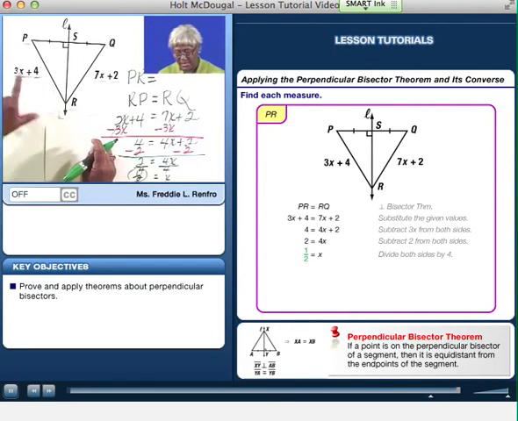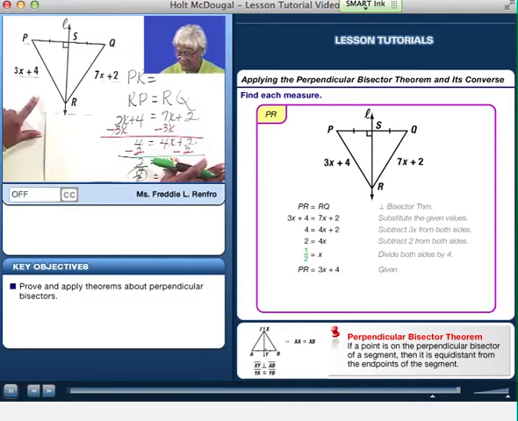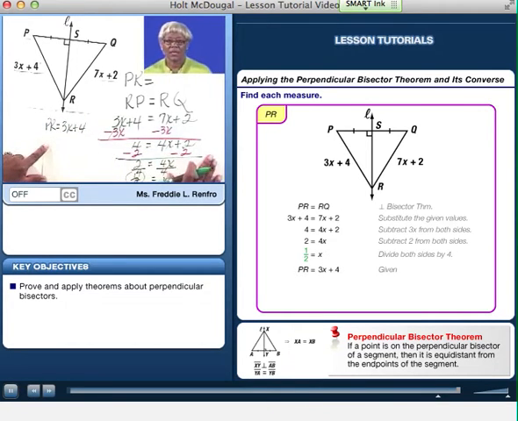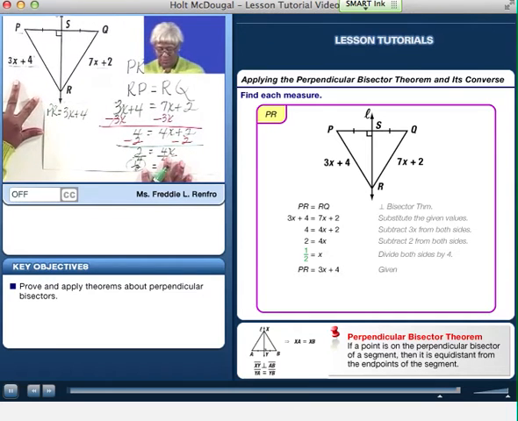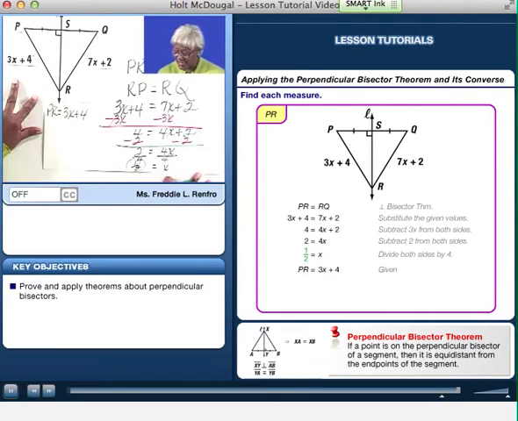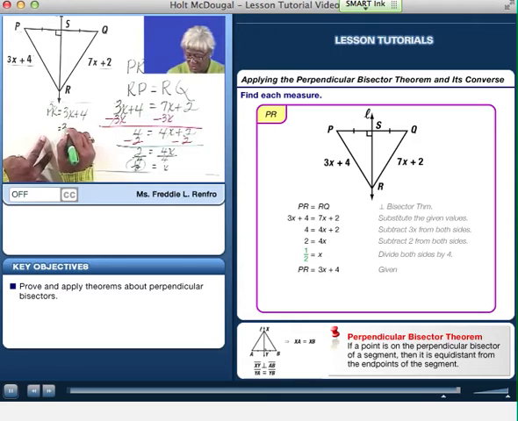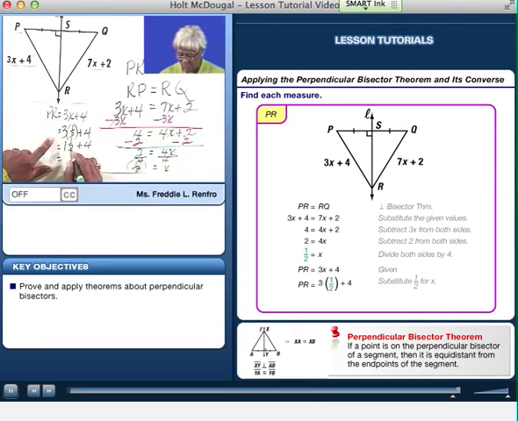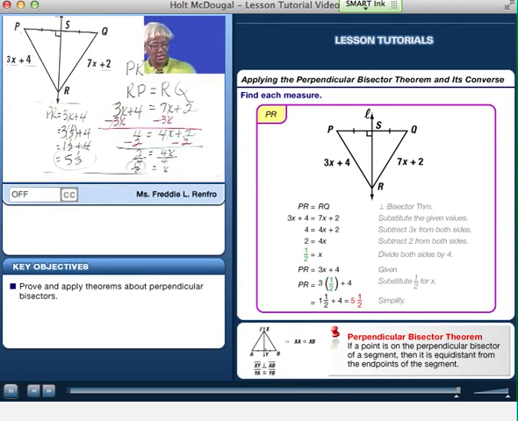Since PR is equal to 3x plus 4, PR is equal to 3x plus 4, and we found that x was equal to 1/2. I'm just going to substitute 1/2 in place of x, and half of 3 is 1 1/2 plus 4. I find that PR is equal to 5 1/2. And that's what we set out to find, what PR was equal to.